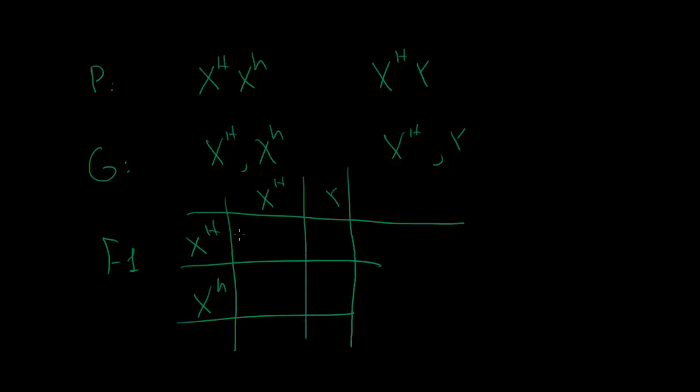Okay, then we make our combinations: XH XH, XH Xh, XH Y, Xh Y. What we see here is that we have a female that is 100% healthy. We have a male that is 100% healthy.